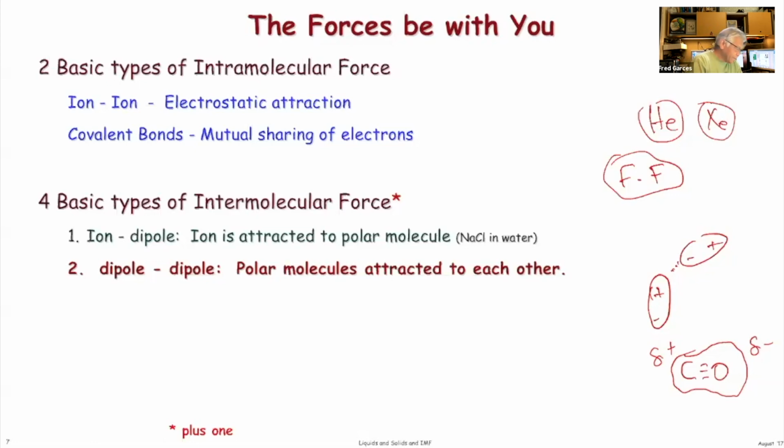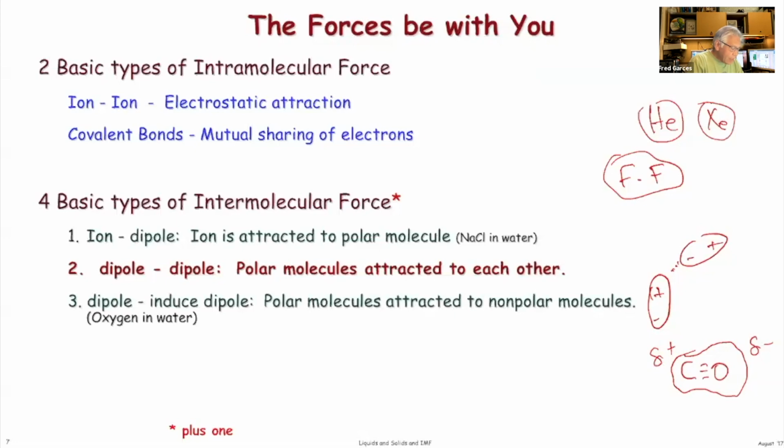Okay. Then we have dipole-induced dipole, and dipole-induced dipole is the way oxygen would dissolve in water. Oxygen itself is nonpolar. The reason why it's nonpolar is because you've got two oxygen atoms. They're attracted for the same set of electrons, and they have equal strength.